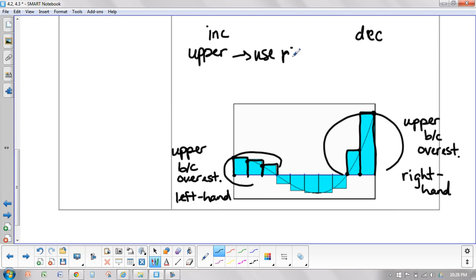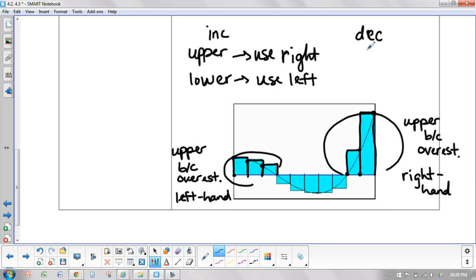So you would use the right ends. And if you had an increasing function and you wanted a lower sum, you could draw out an example of that, but it would turn out that you would want to use the left. My pen is not very good, sorry.